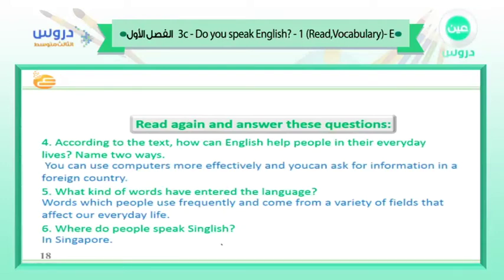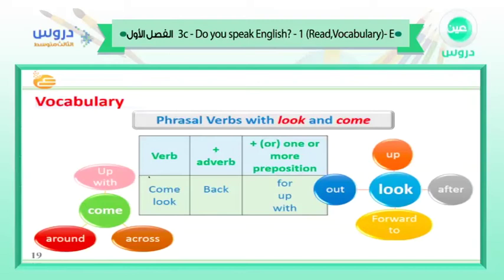Okay, let's take some new vocabulary now. Phrasal verbs with look and come. Verb plus adverb, or one or more prepositions. Okay, what does it mean? Let's take come, look.